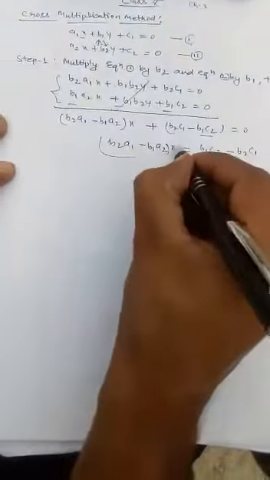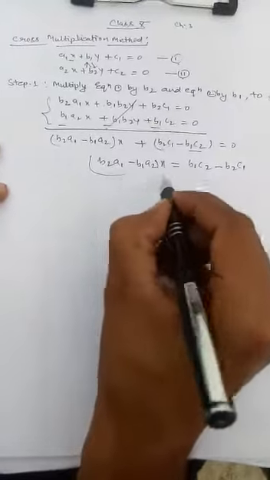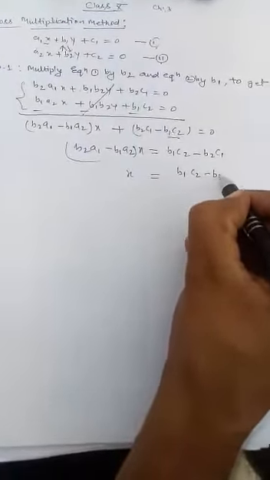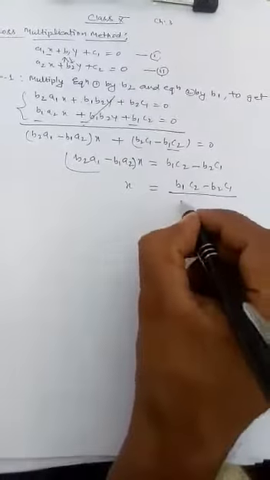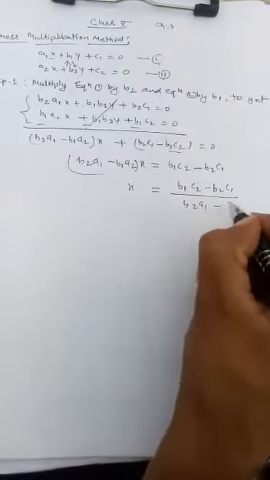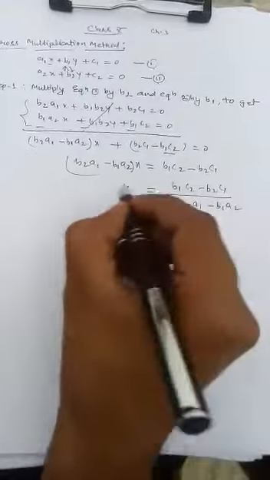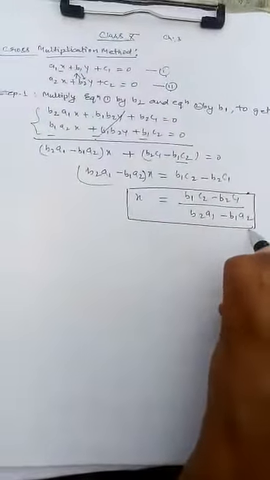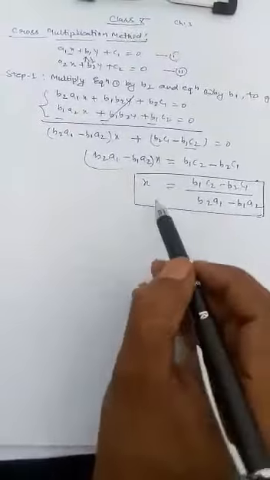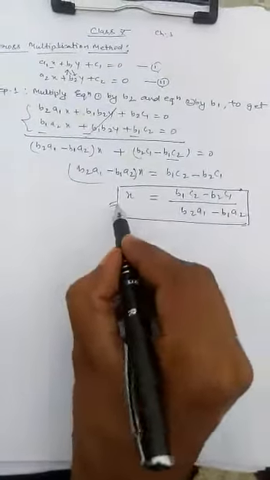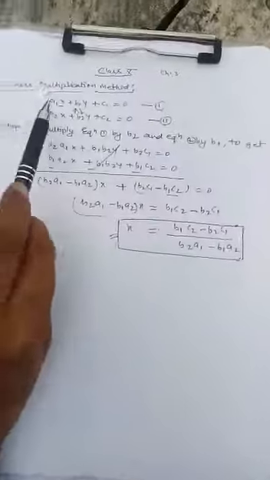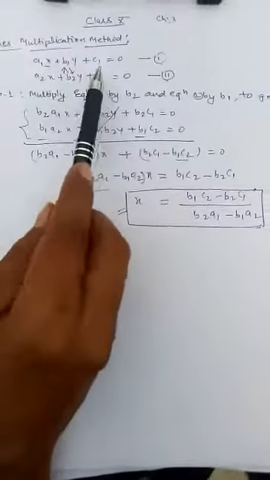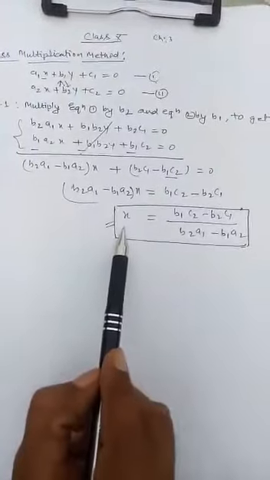So here is x in multiplication form. The value of x becomes b1 c2 minus b2 c1 upon b2 a1 minus b1 a2. So in this way we can find the value of x. That means directly using this formula in cross multiplication, while writing the coefficients of x and y from both equations and the constants, we can get the value of x.